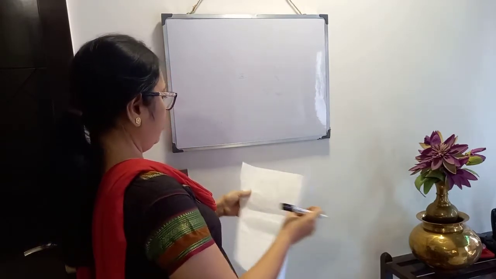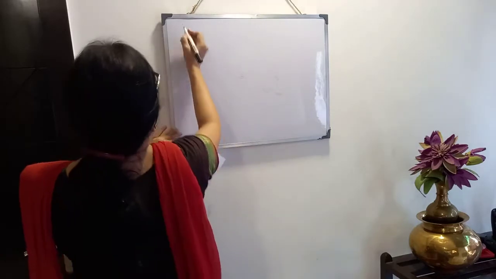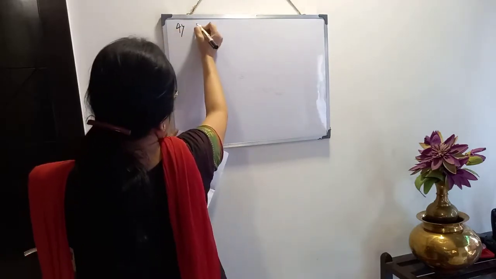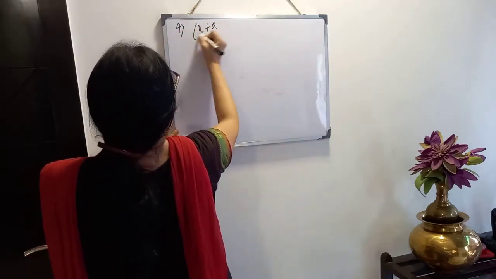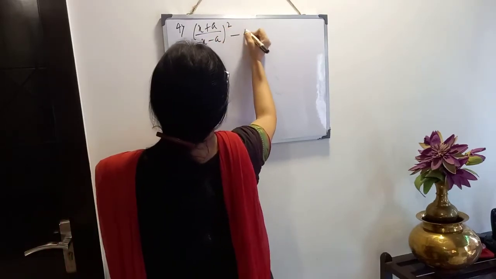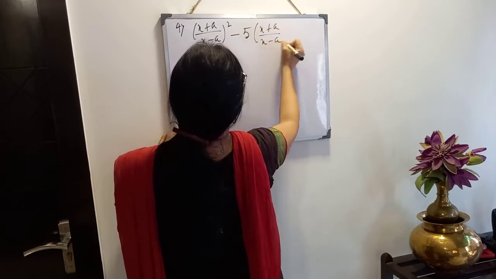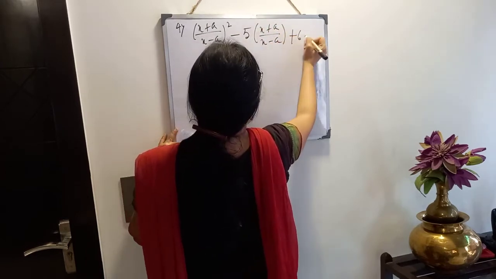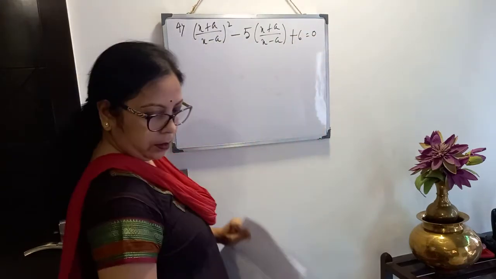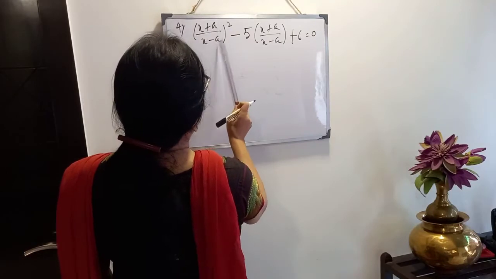Different type of problem. Next, here we have seen that there is (x plus a by x minus a) whole square.